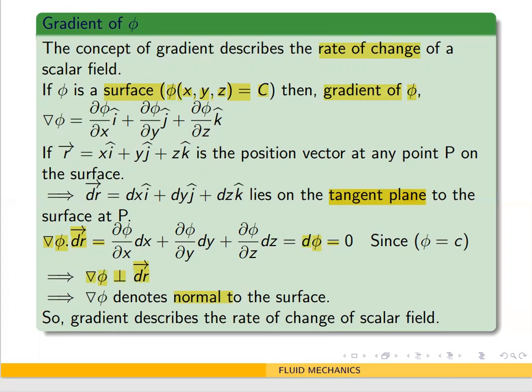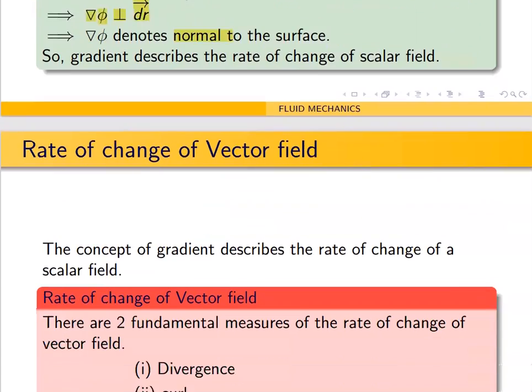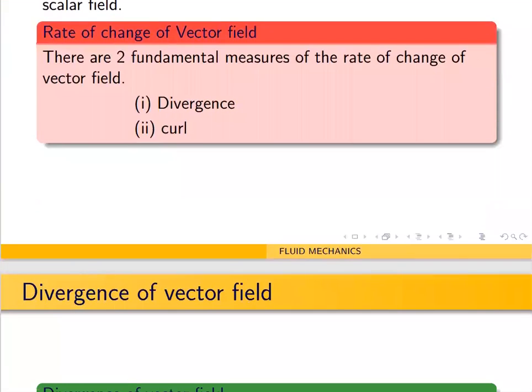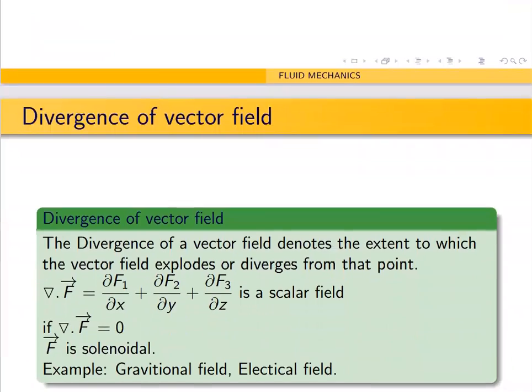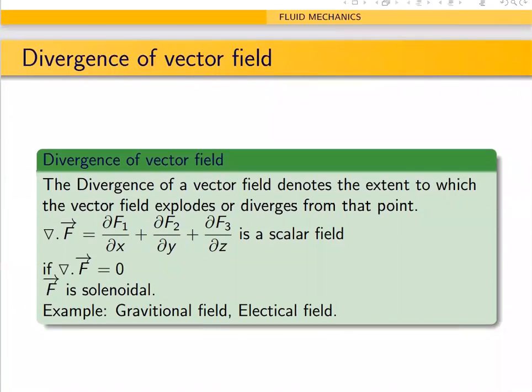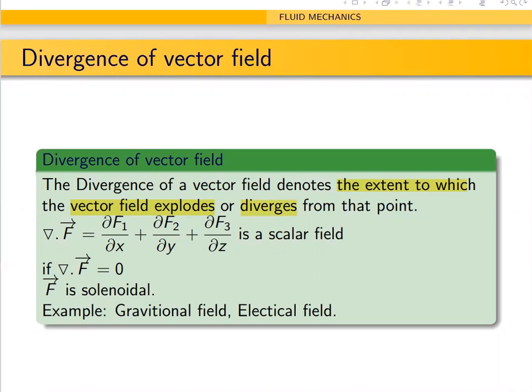Let us see what is rate of change of a vector field. There are two fundamental measures, right? One is divergence, the other one is curl. Let us see what is divergence of a vector field. Divergence of a vector field denotes the extent to which that vector field can explode or diverge from that point in all the directions.